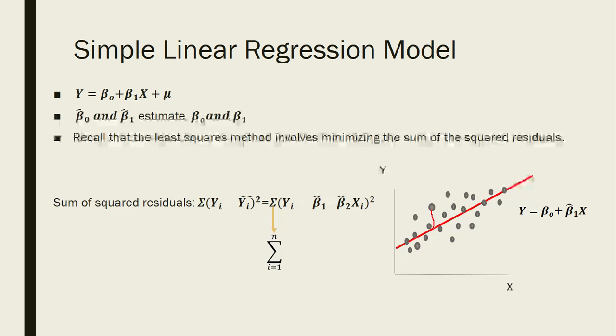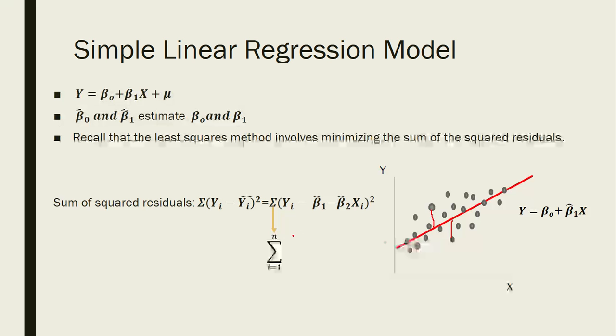And this value of y would have a negative residual, where the magnitude is equal to the vertical distance from the point to that line. The sum of squared residuals is the sum over all n sample values of the squared difference between the observed and predicted values of y.